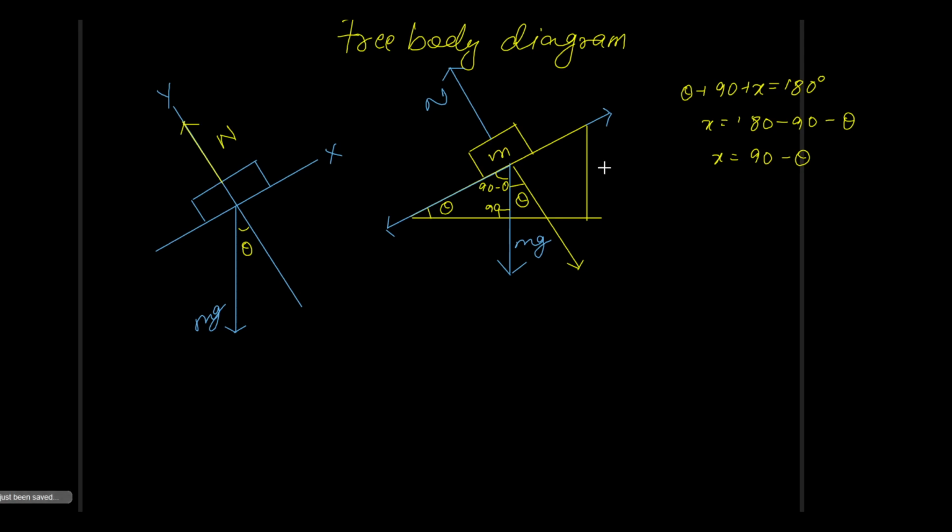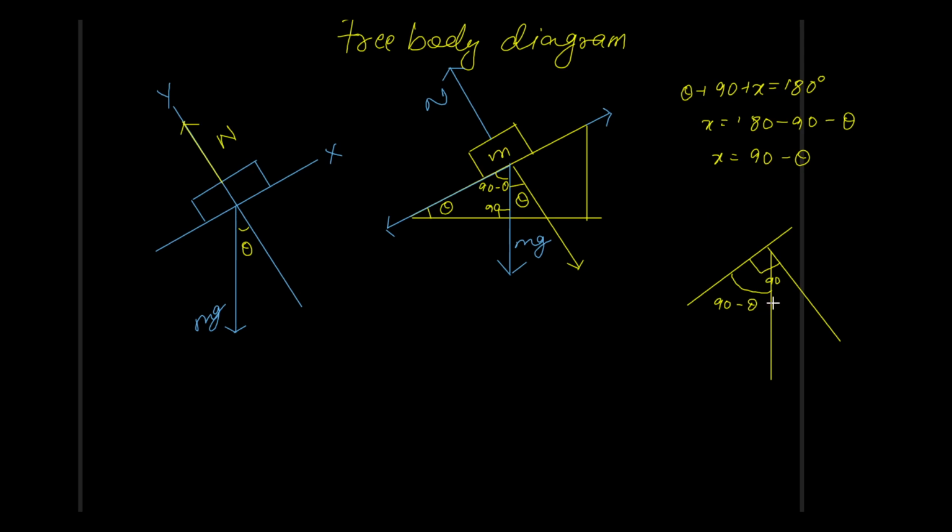Now I will make an extension out here. You also know this entire angle out here is also 90. Then we have seen this going downside, which is your mg, and this angle we have is 90 plus theta.